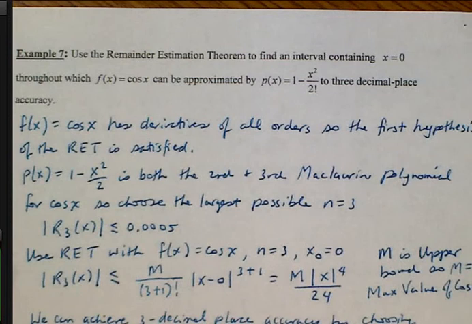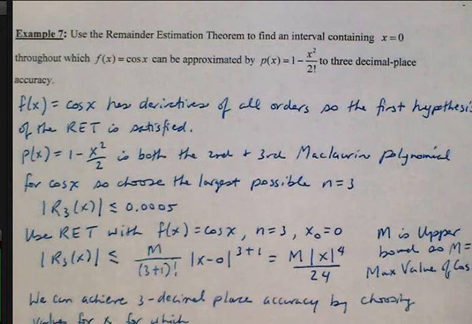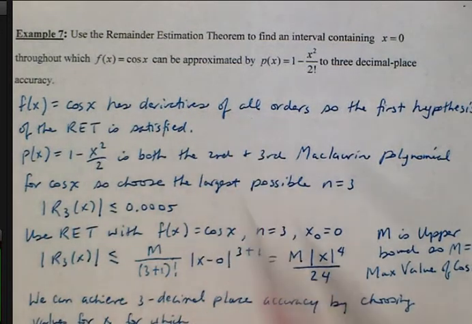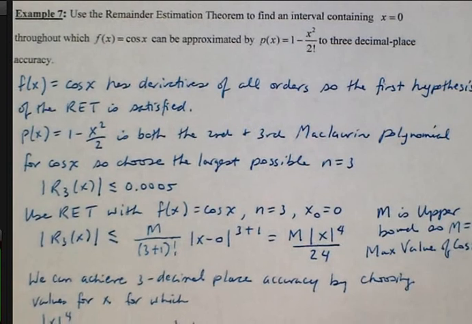Use the remainder estimation theorem to find an interval containing x equals 0 throughout which f of x equals cosine can be approximated by p of x equals 1 minus x squared over 2 factorial, to 3 decimal place accuracy. First of all, f of x equals cosine of x has derivatives of all orders, so the first hypothesis of the remainder estimation theorem has been satisfied.